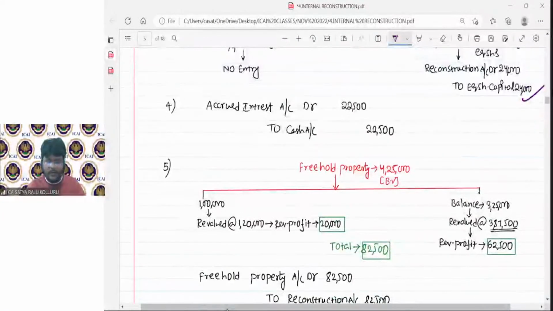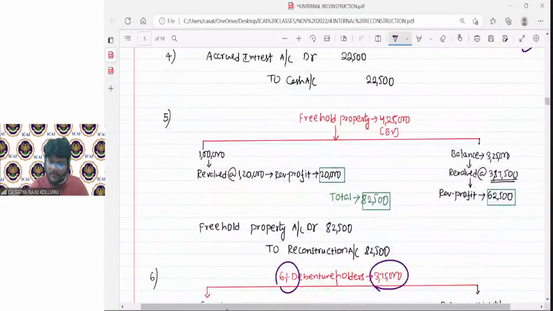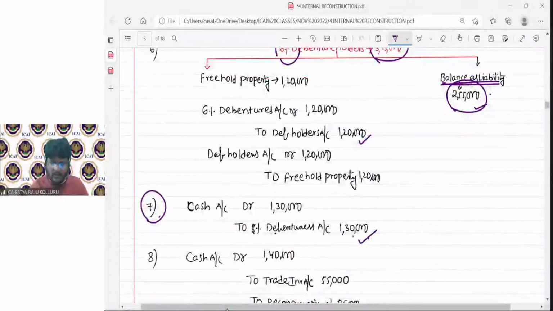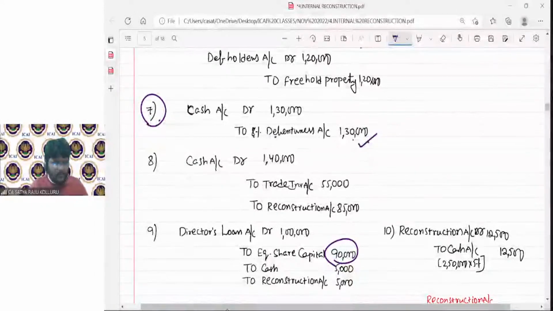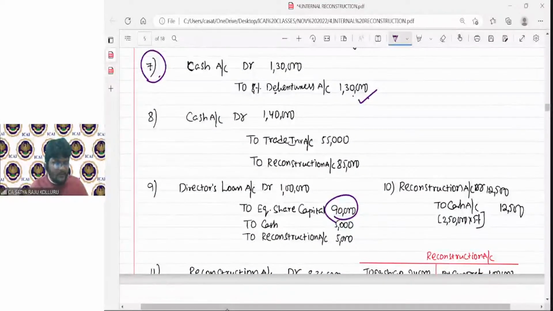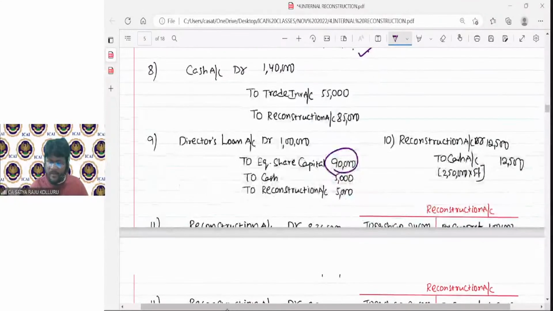Fourth, cash outlay is there, minus 22,500. Fine. Come to fifth, no cash. Sixth, no cash. Seventh, inflow 1,30,000 plus. Eighth, minus 1,40,000. Okay.